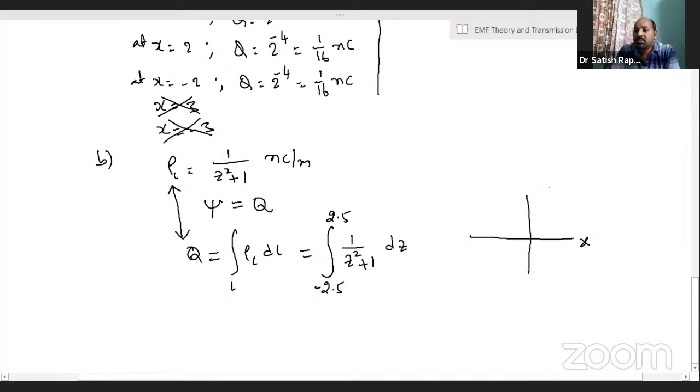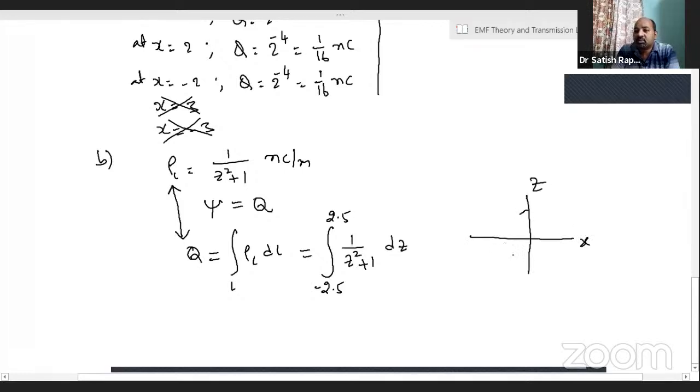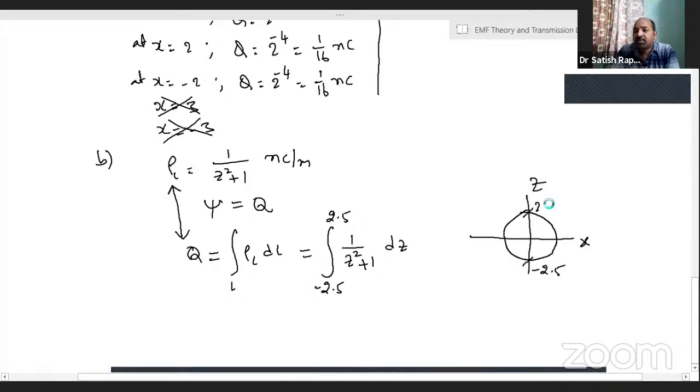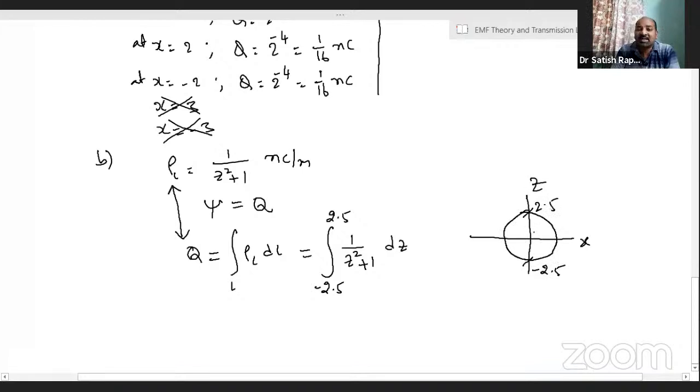So this is z, and this is the spherical surface. So this one is minus 2.5, and this one is 2.5 on the z-axis. So the limits will become minus 2.5 to 2.5, 1 by z square plus 1 and dz, that's it.